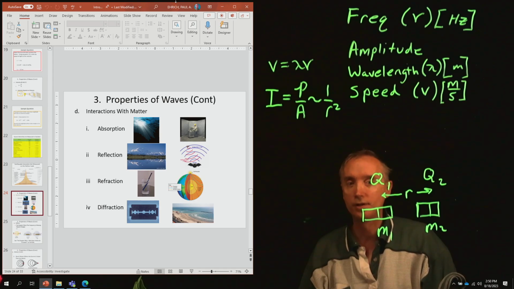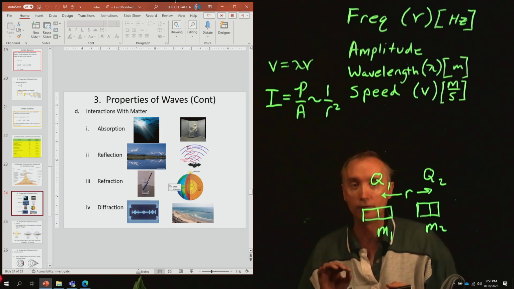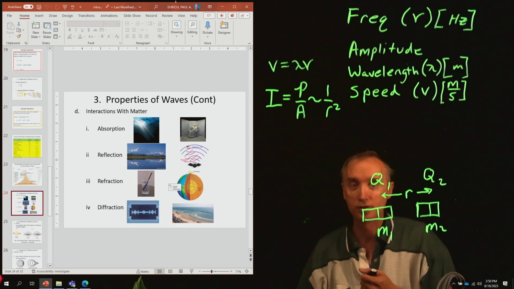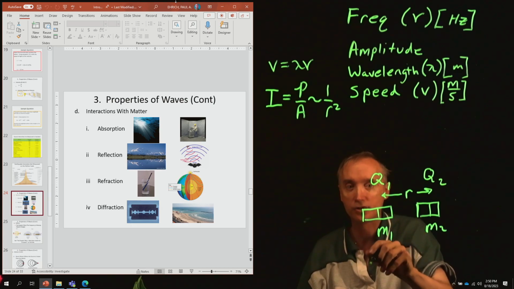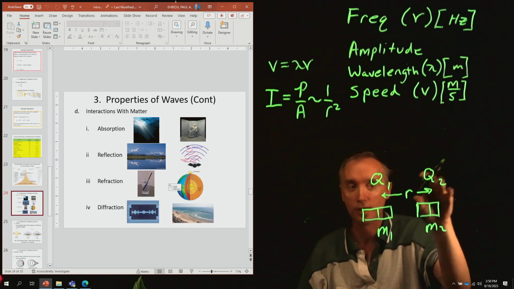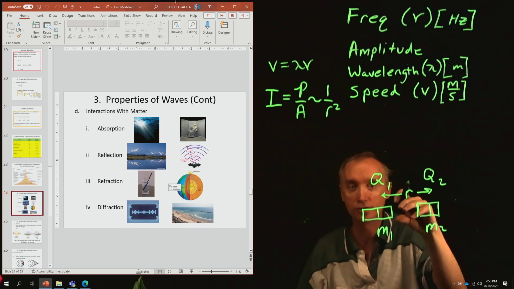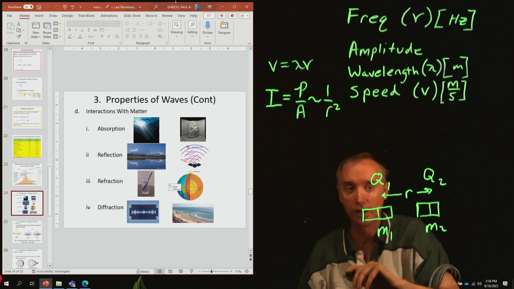Okay, then the next one is going to be called reflection. Reflection is when a wave bounces off of something. In the first column, it shows a mountain, and you can see the reflection of the mountain in the lake.